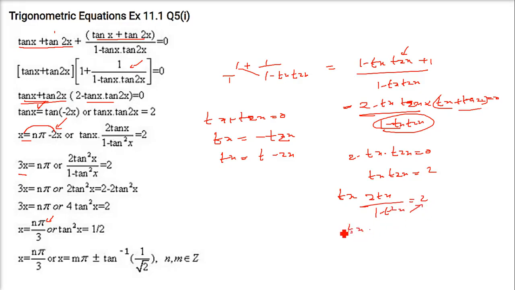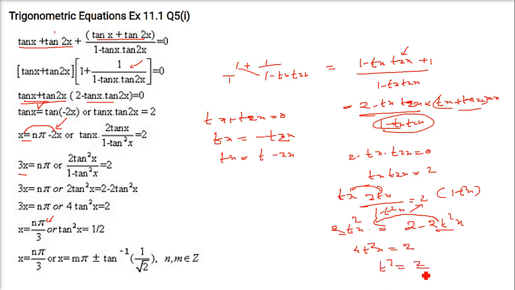This becomes tan x times 2 tan x, that is 2 tan square x, equal to, multiplying, 2 minus 2 tan square x. Now bring this here. So 2 tan square x and 2 tan square x will be 4 tan square x is equal to 2. So tan square x will be 2 by 4, that is 1 by 2. So tan square x is 1 by 2.